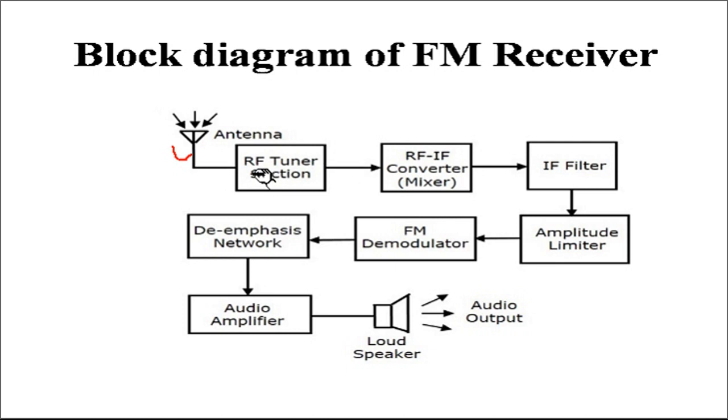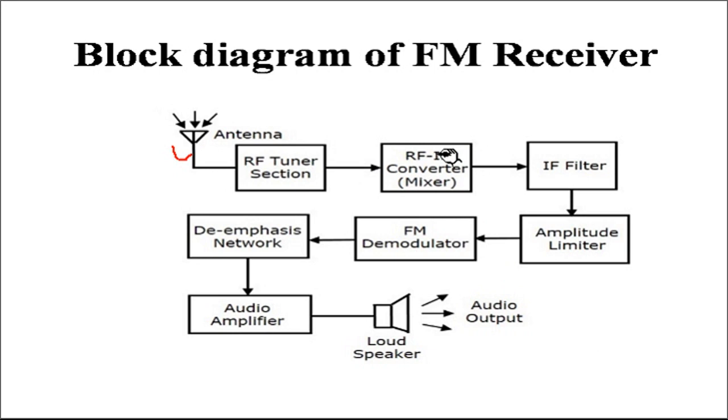These are important things. This selected signal or selected frequency is given to the next block called the IF converter, or you may say the RF mixer. The IF converter acts as a mixer. It has a local oscillator which produces a constant frequency.